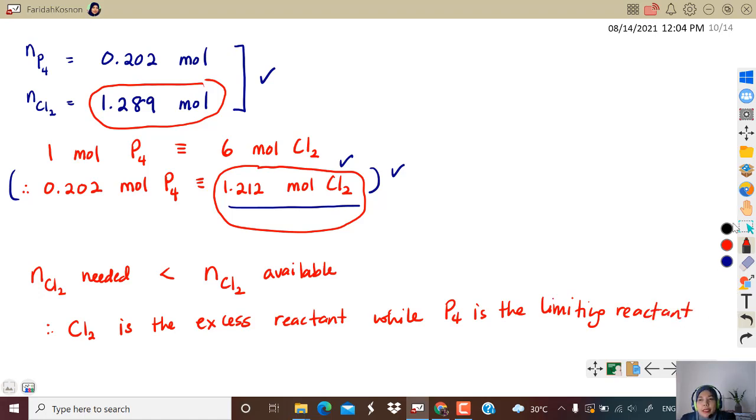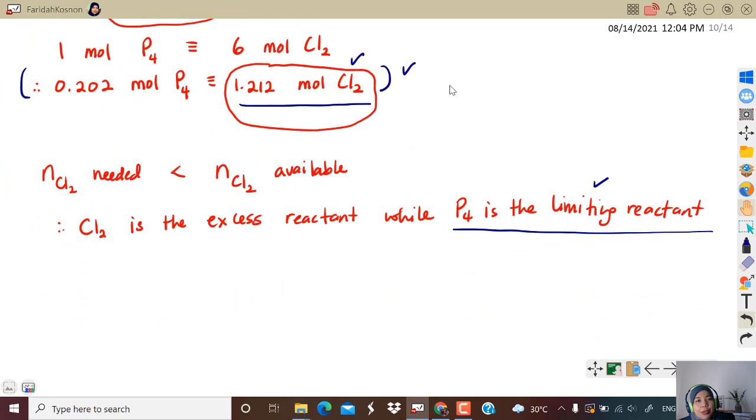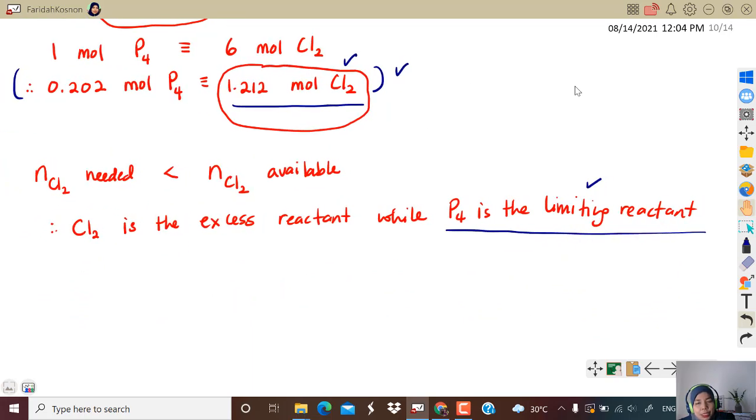Okay, baik. So, kita dah settle. Walaupun soalan tak suruh cari limiting reactant, tapi sebenarnya in order to solve this problem, kita kena tentukan limiting reactant. Untuk soalan ini, kena fokus sebab mungkin awak ada yang faham, ada yang tak faham lagi. Okay, jadinya sekarang, kalau kita refer kepada balanced chemical equation tadi, saya tulis semula P4 reacts with chlorine gas, produces PCl3 kan?